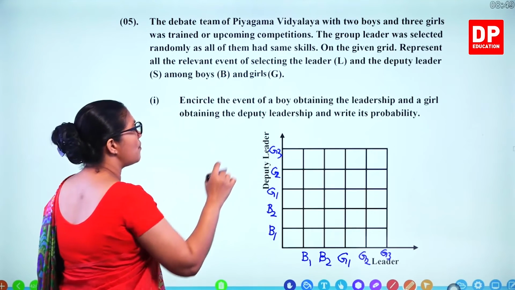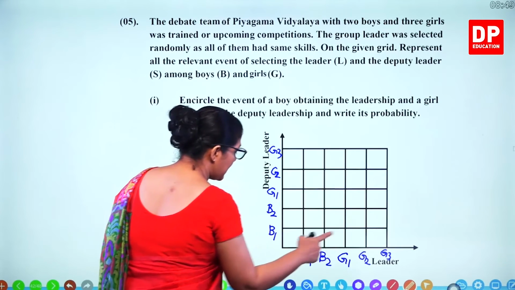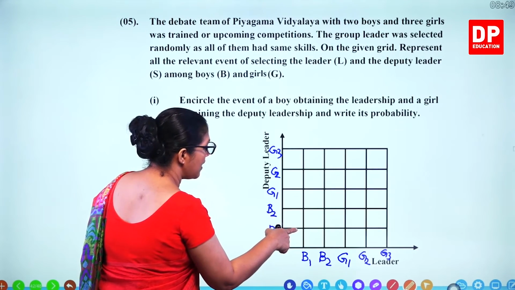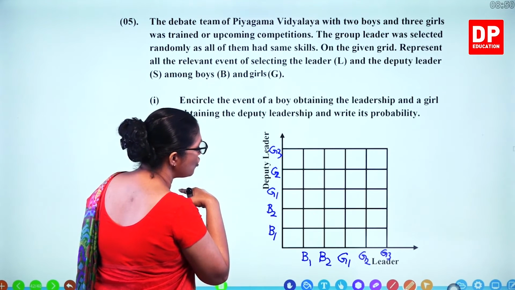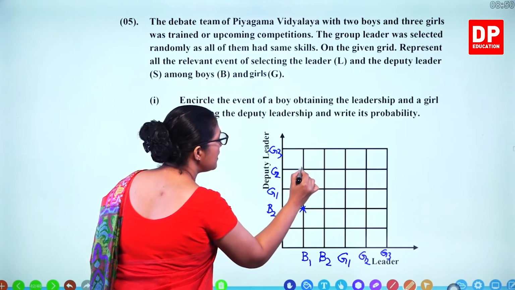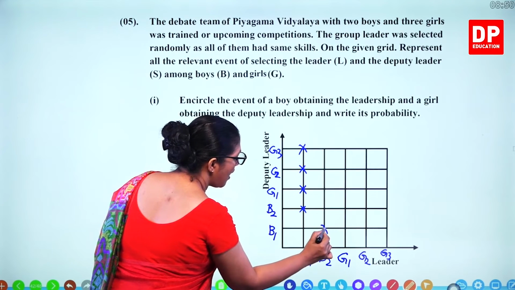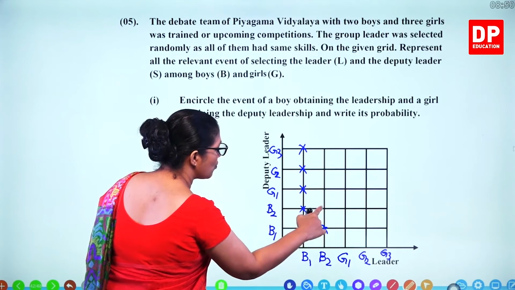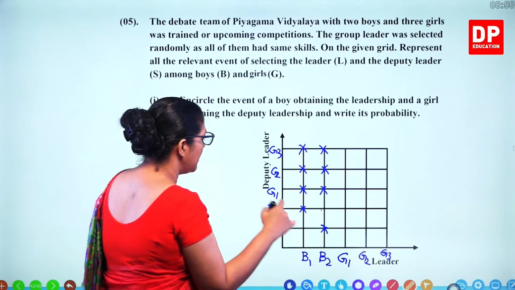That's for the deputy leader. If the first boy is selected as the leader, he can't again take the position of deputy leader. So, here if it's B1, these are the possibilities you can get. If this is B2, he can't take the same position. All the other positions he can take.